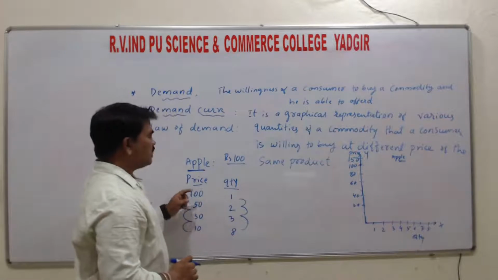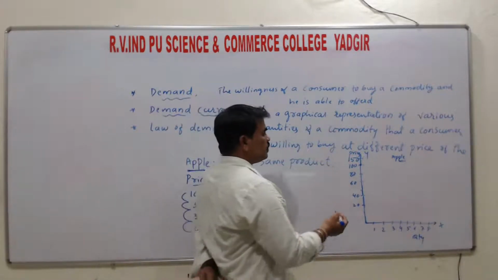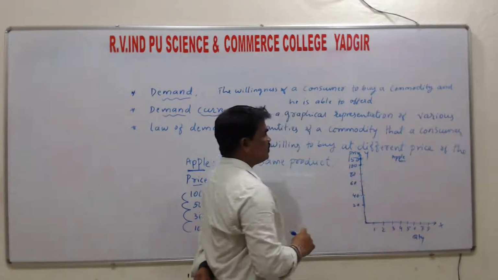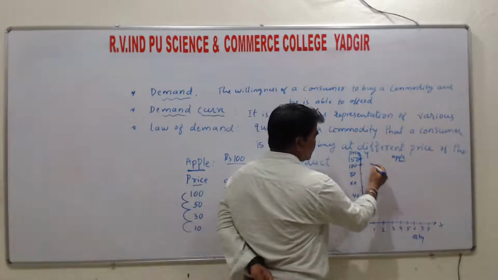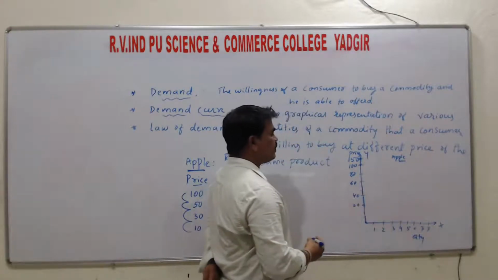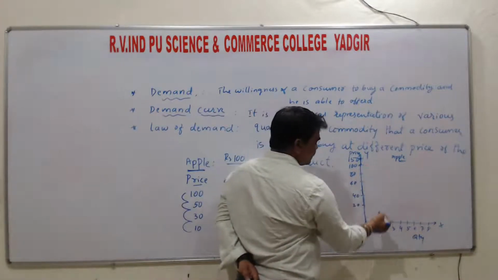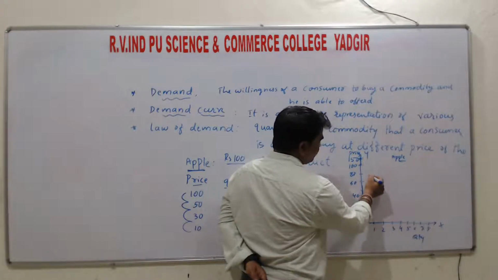So if the price of the apple is 150, can I afford that? No. If the price is very high, the willingness is zero. So here we cannot expect any quantity to be bought. If the price is 100 rupees, I can afford one. My willingness is 1.